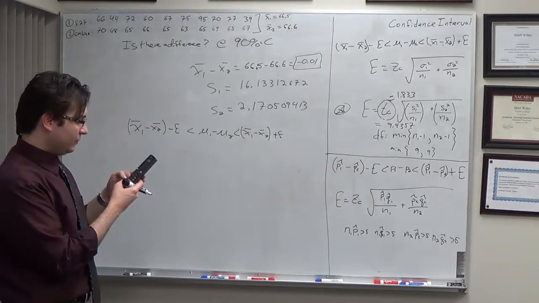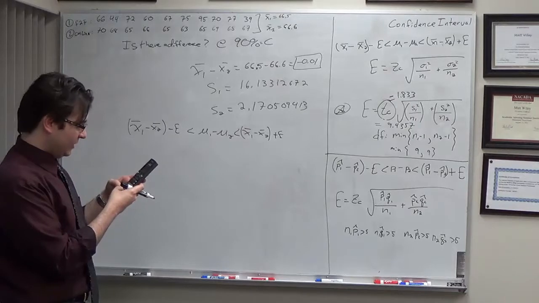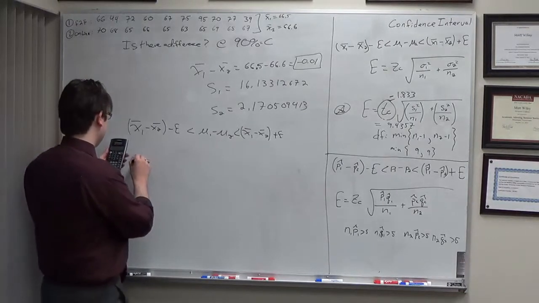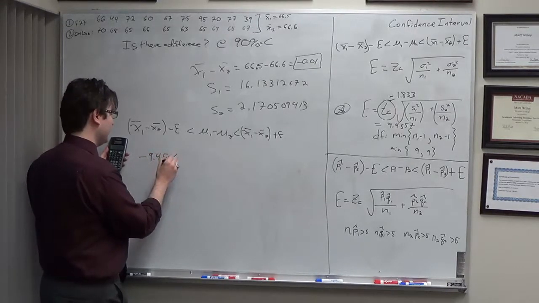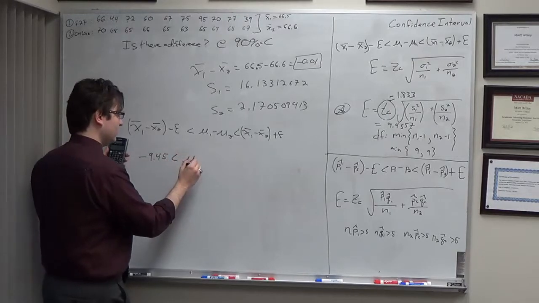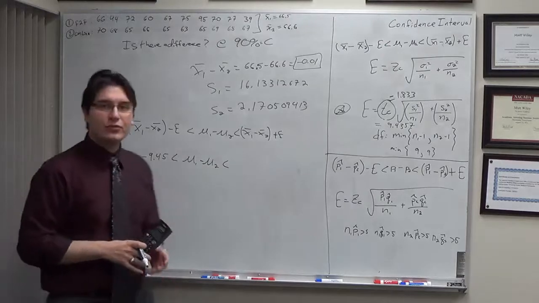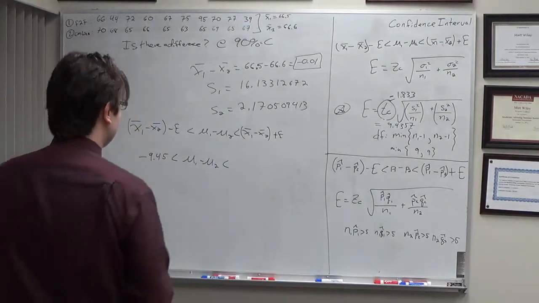So I get 0.01 minus 9.4, and I get a negative 9.45 with rounding. Again, don't let a negative difference fool you. That's the left side. Now we do the addition.